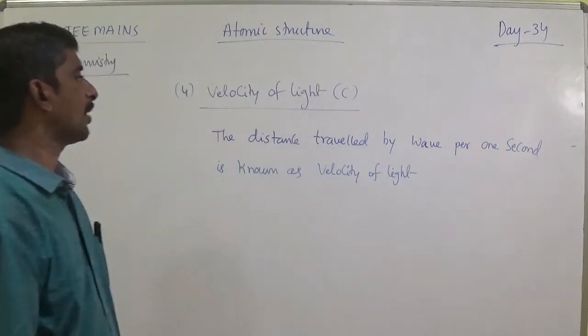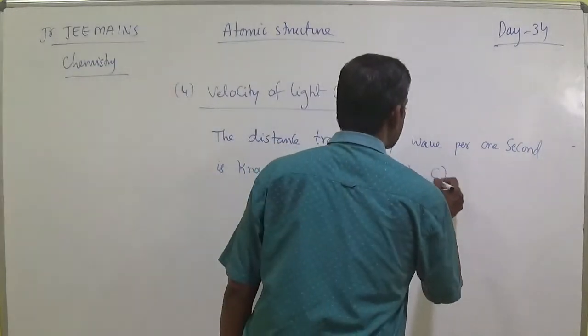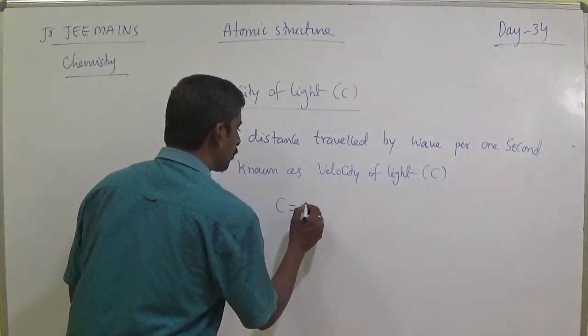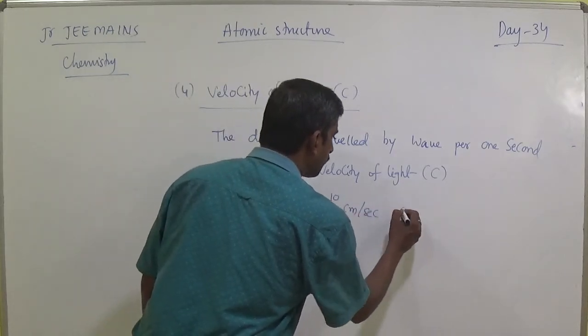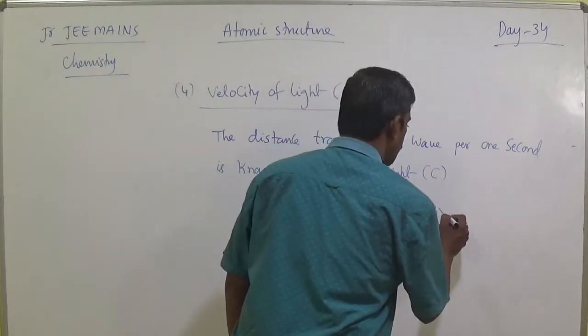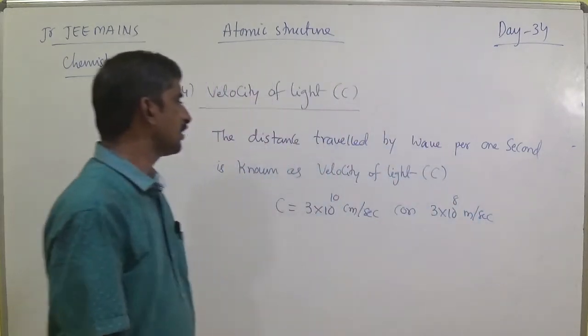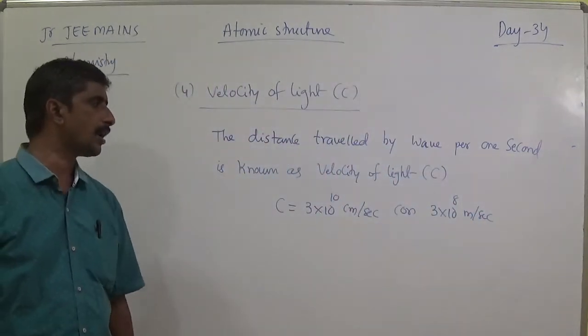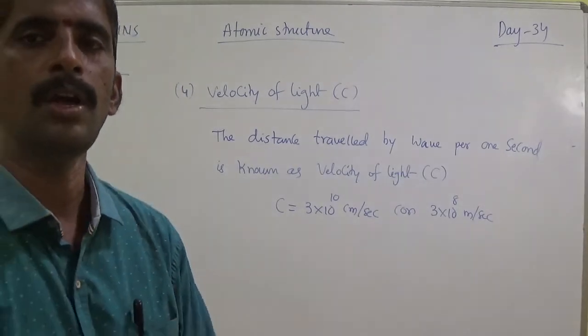It is denoted by the symbol C. So velocity of light C equal to 3 into 10 to the power 10 centimeter per second, or 3 into 10 to the power 8 meter per second. So these are the different types of relations.